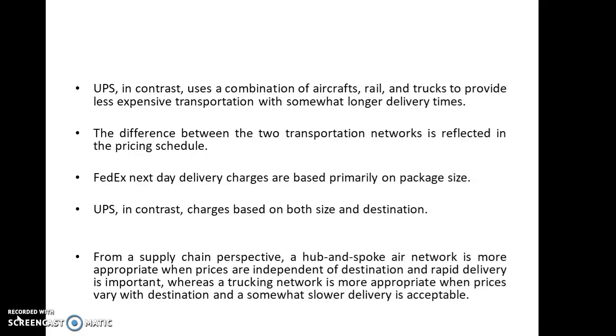So, from a supply chain perspective, a hub and spoke air network is more appropriate when prices are independent of destination and rapid delivery is important. That is, a hub and spoke air network is better when you want to deliver the product fast and prices are independent of the destination, whereas a trucking network is more appropriate when prices vary with the destination and somewhat slower delivery is acceptable.